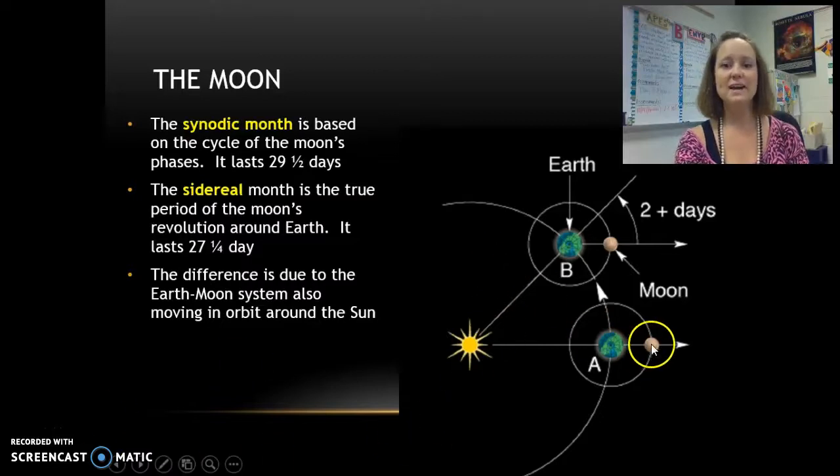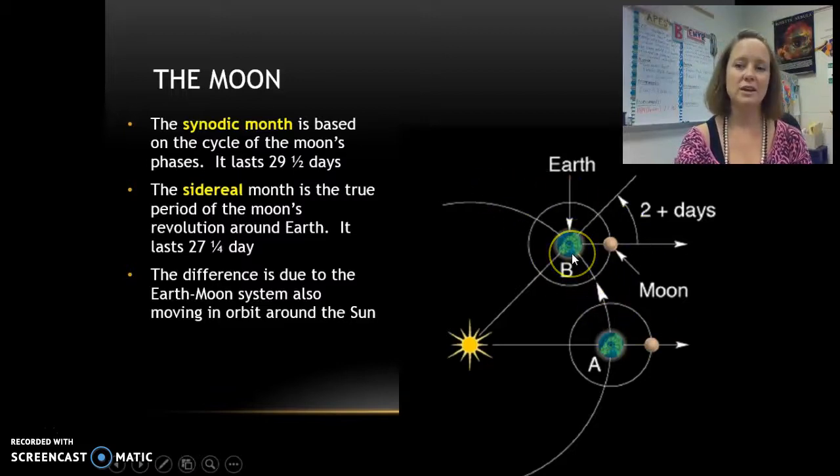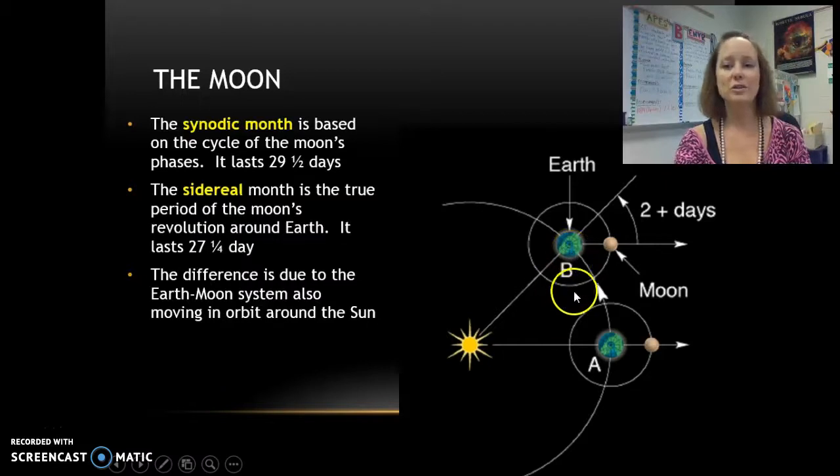If we look at this diagram, the amount of time it takes the moon to orbit 360 degrees is only 27 1/4 days. But because the Earth is also moving around the sun while the moon is orbiting around the Earth, the moon has to go just a little bit further to maintain that same line in reference to the sun. So this is called the sidereal month.